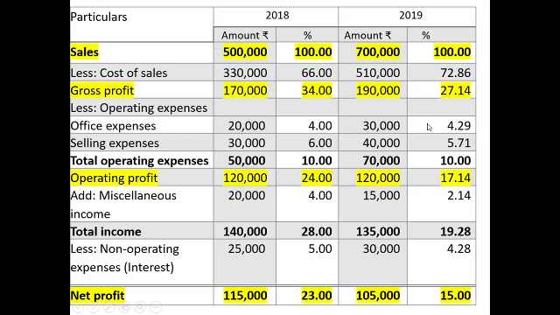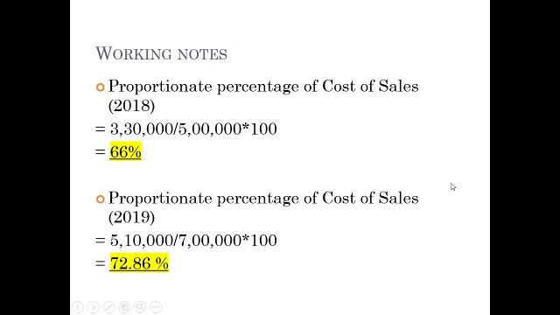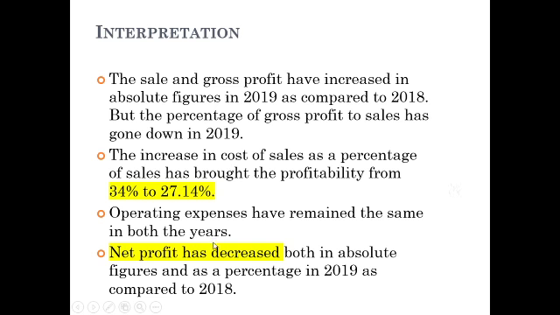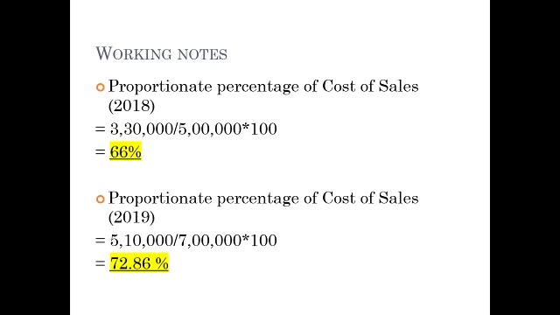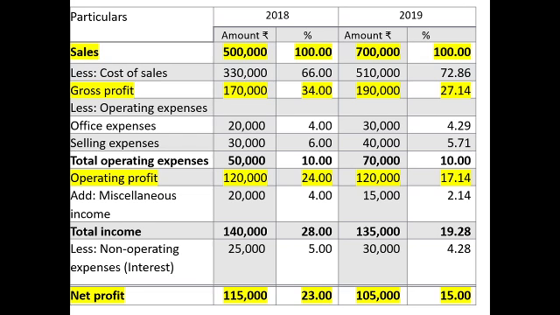So even though you had sufficient gross profit to cover the operating expenses, gross profit here slightly decreased, and finally the net profit is decreased, both in absolute figures as well as in percentage compared to 2018.